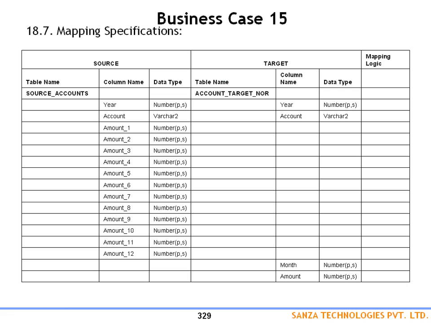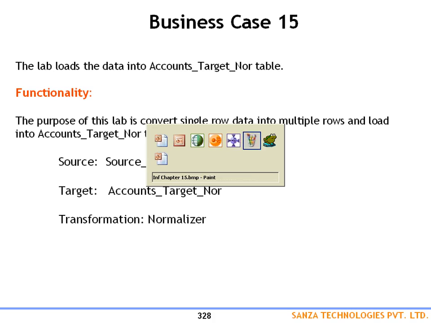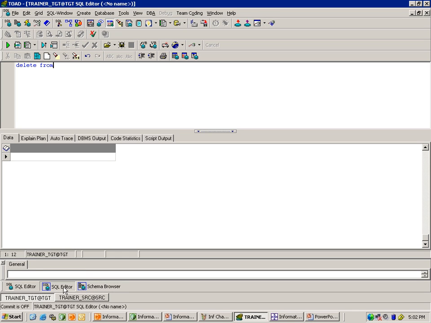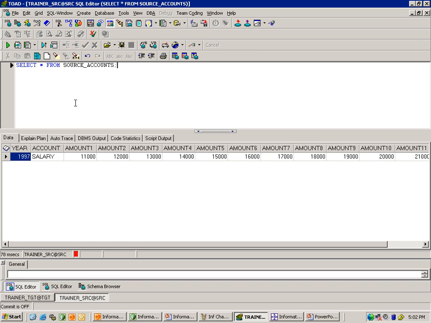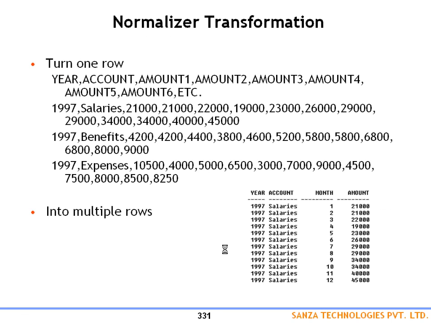The requirement is that you have single row data in this table. What exactly the mapping requires is to convert single row data into multiple rows.